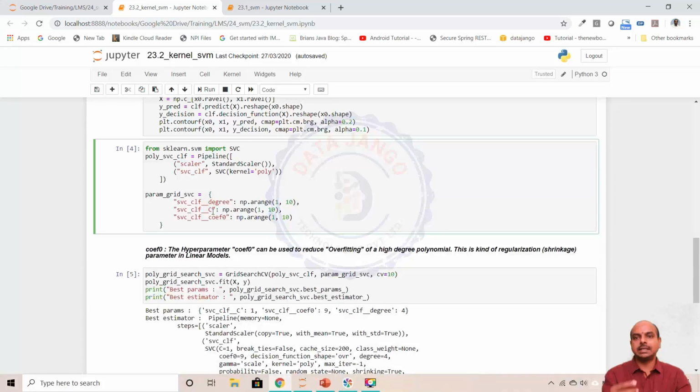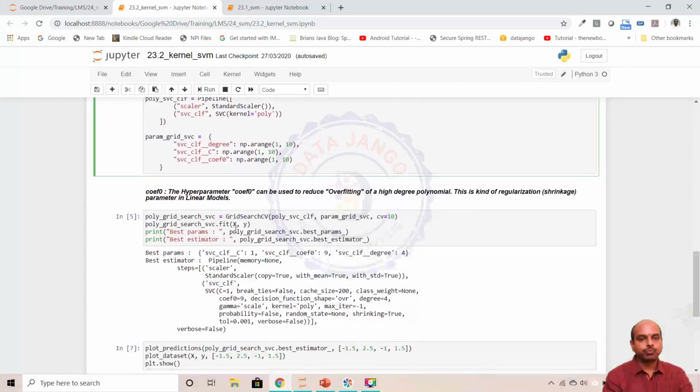We know that C is used to handle overfitting and underfitting, and coef0 is a hyperparameter which handles the shrinkage. It is like the shrinkage parameter alpha in linear regression and logistic regression. So C is one kind of hyperparameter, and coef0 is another. All these three are trying to handle overfitting and underfitting.